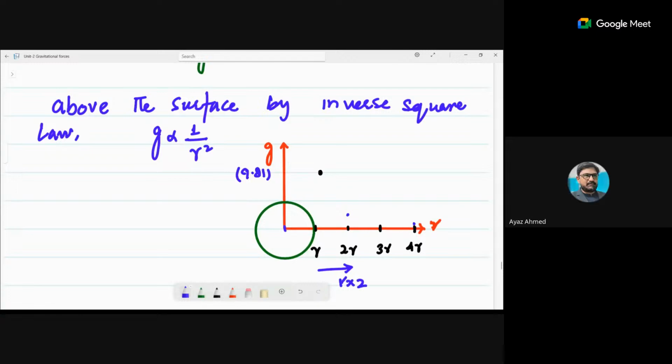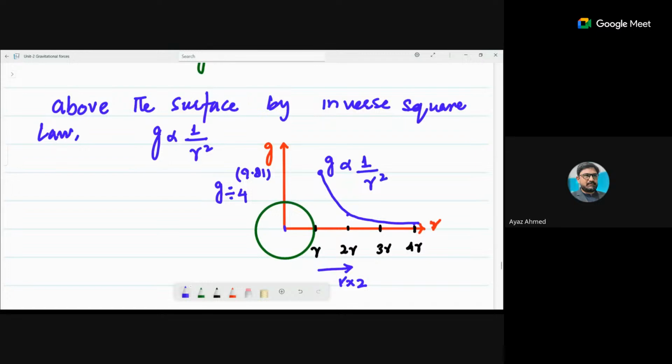R is multiplied by 2 and g is decreased by 4. This is what I want you to understand. It means that this graph would be something like this. But this is all above the surface of the planet. So here it is the highest value of g. g is 9.81. So it follows the inverse square law.